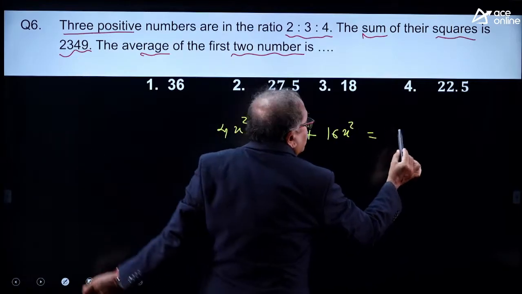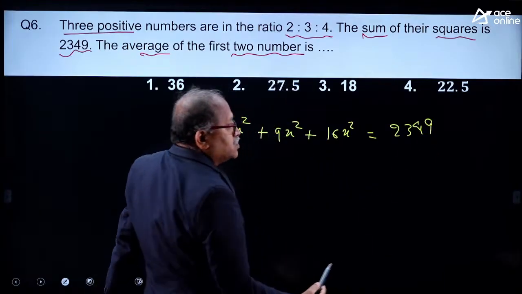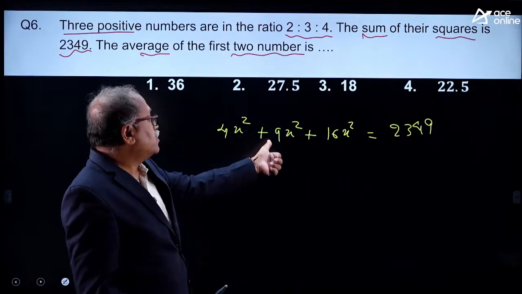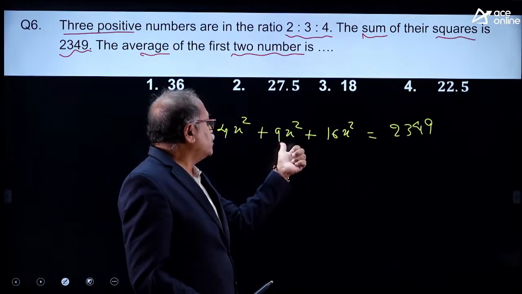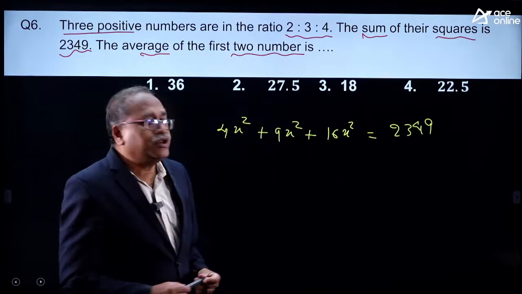The sum of the squares given to us is 2,349. So, 4 plus 9 plus 16 is 29, so 29x squared.